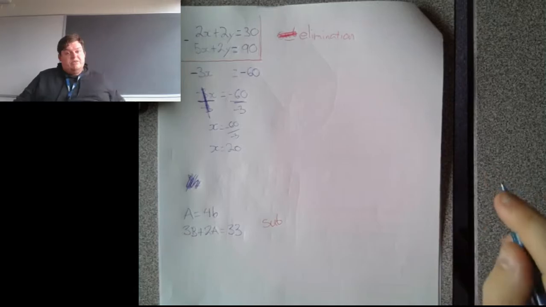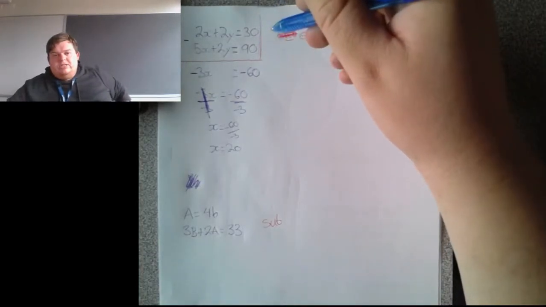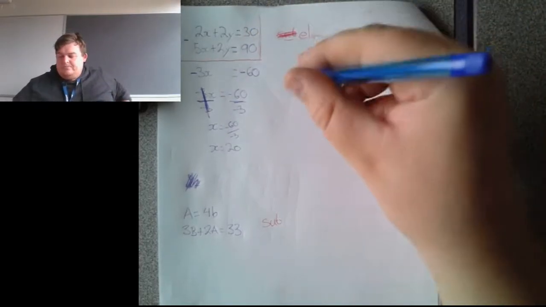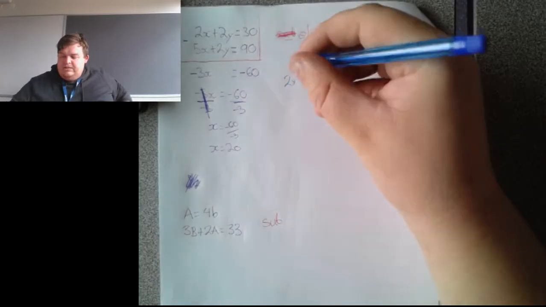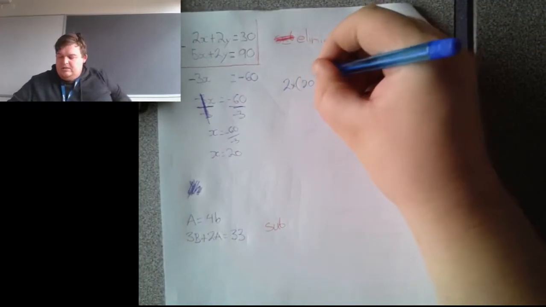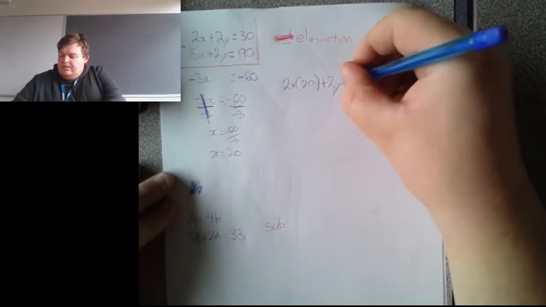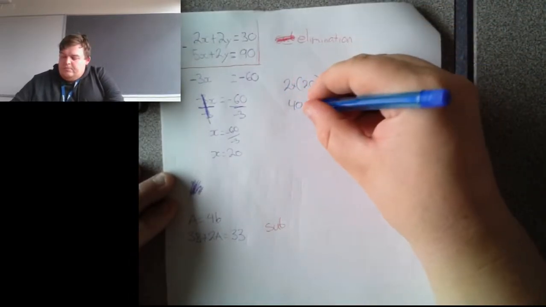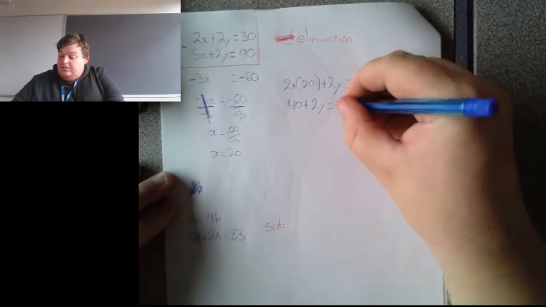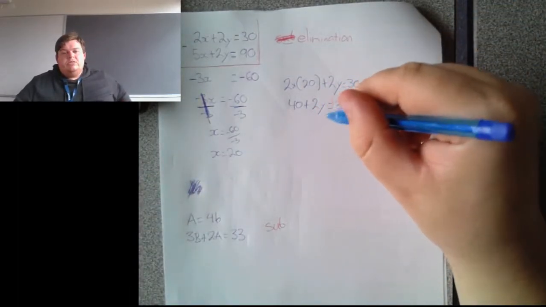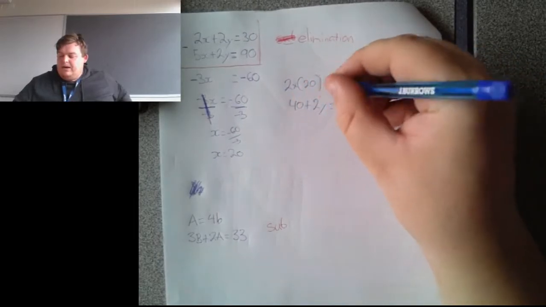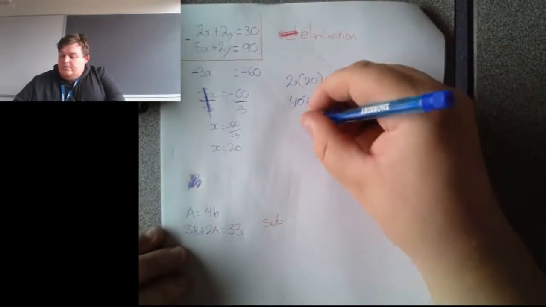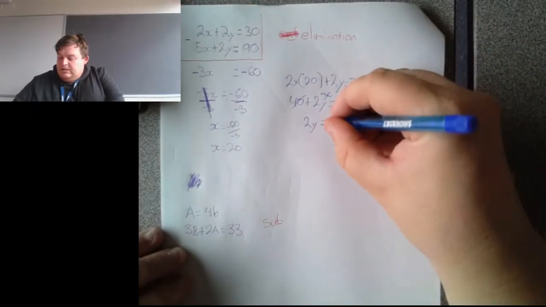Now I've got this 20. I choose one of these two equations to substitute x equals 20 into, whichever I think would be easiest, so I'll do the top one. 2 times 20 plus 2y equals 30. So 2 times 20 gives me 40, plus 2y equals 30. Now I want to get y on its own, so I minus 40 from both sides, which gives me 2y equals negative 10.